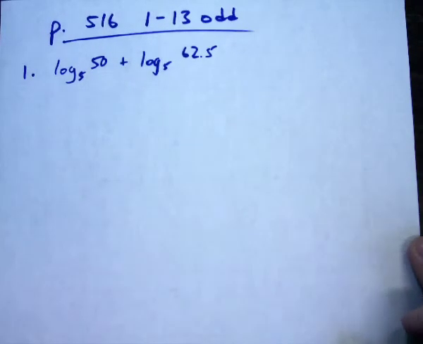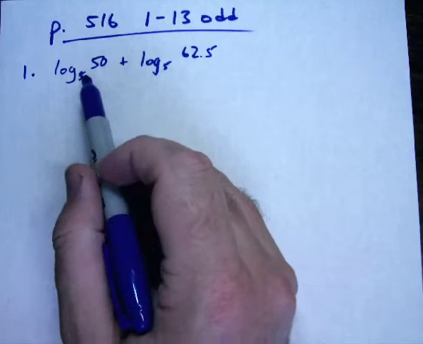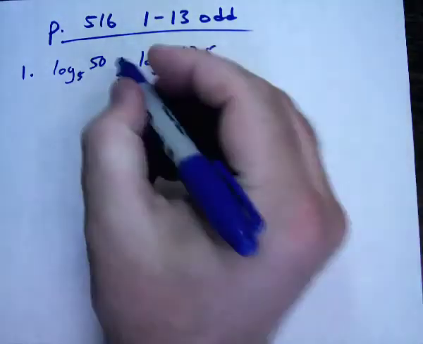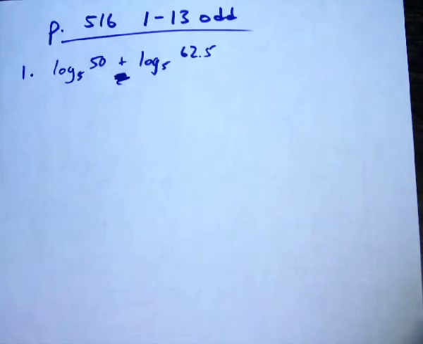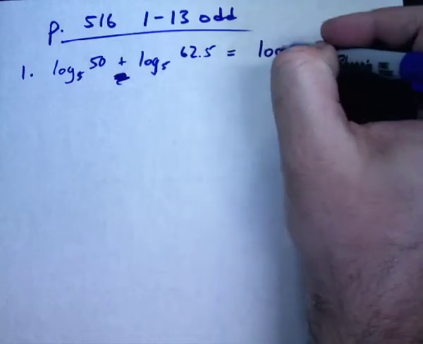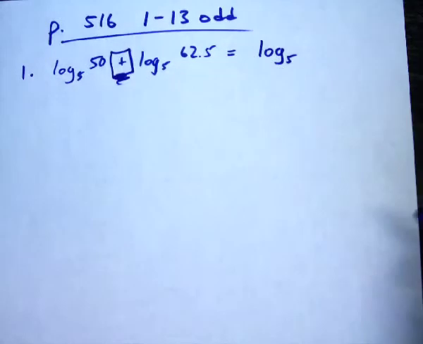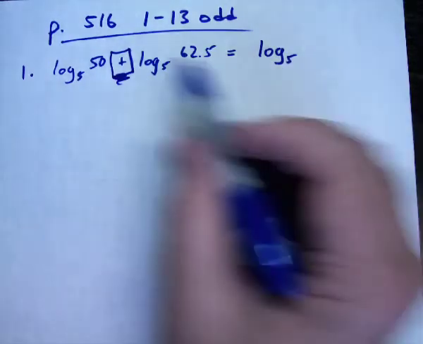Number 1 is log base 5 of 50 plus log base 5 of 62.5. We have to make that one single logarithm, so I know I'm going to have log base 5. This plus sign is going to tell us that we need to multiply these two numbers.